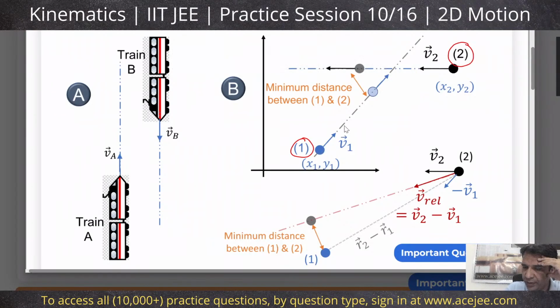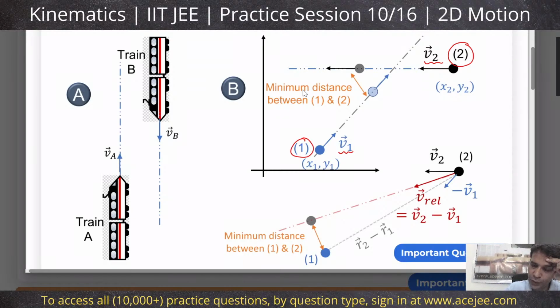Particle 1 is moving in this direction with V1. Particle 2 is moving in some other direction with V2. What we're trying to find out is the minimum distance between them, right? Because of the chances that they're colliding, we'll talk about where they collide as well.